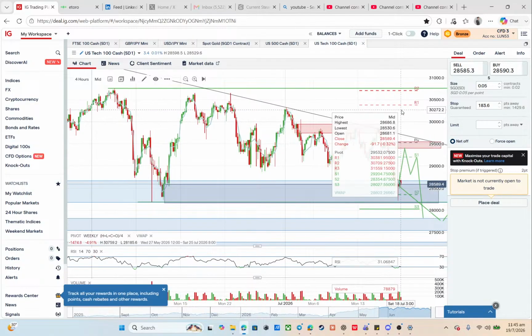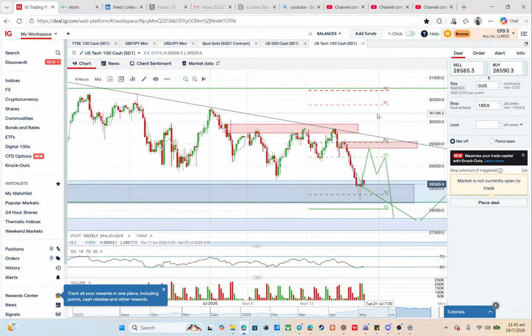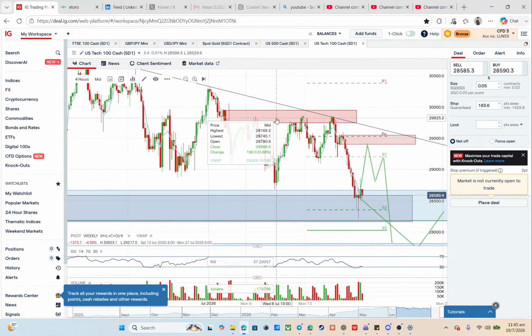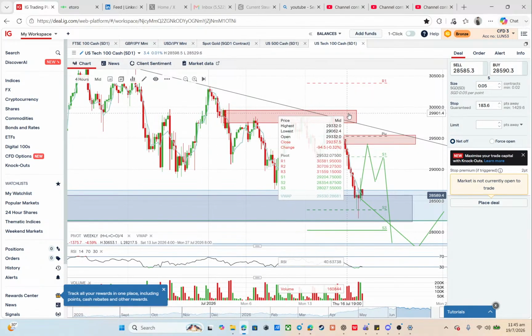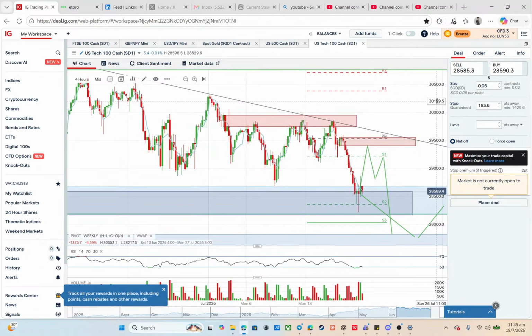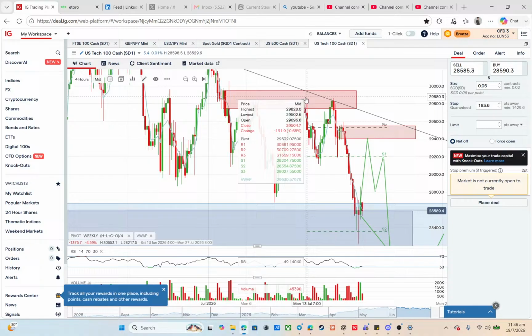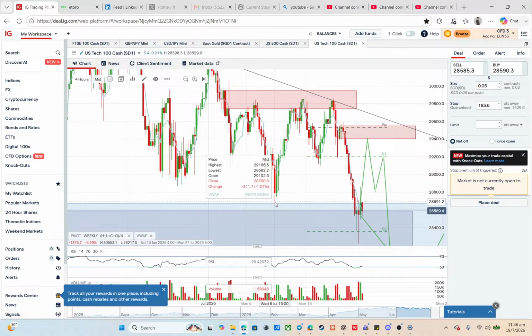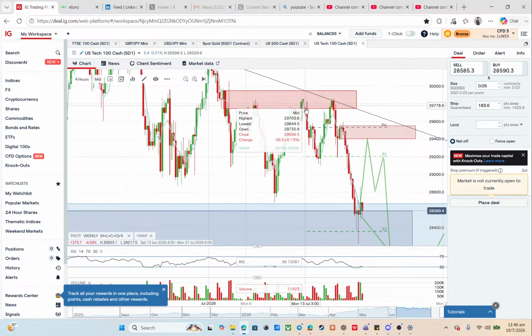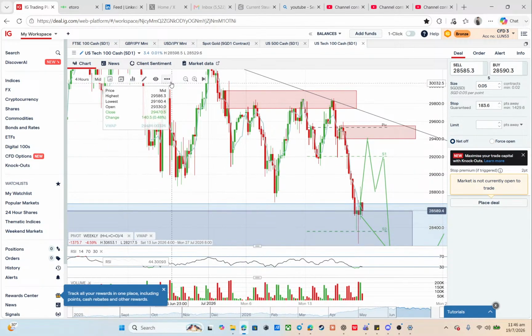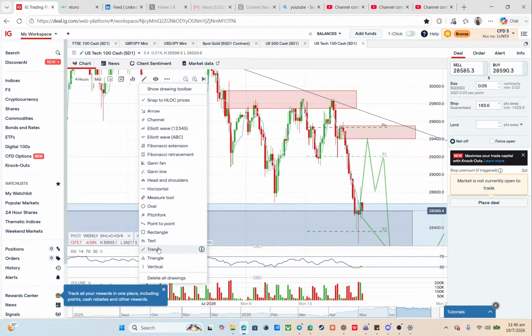On the 4 hours, you can see that this red box here is the sell zone. You can see it tapped one time, went down, created a new low, came back in, tapped the second time, came back. Initially I was thinking, will it be like this?